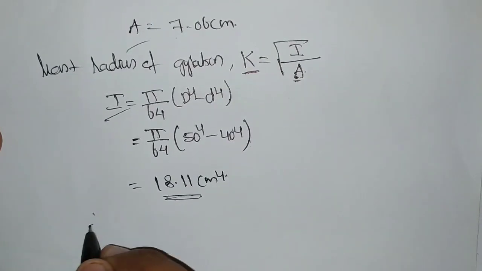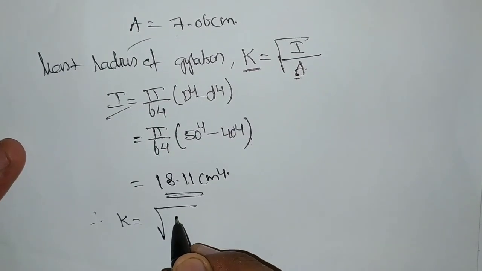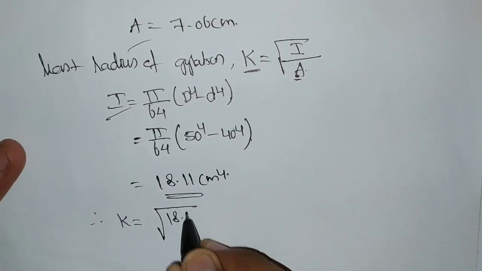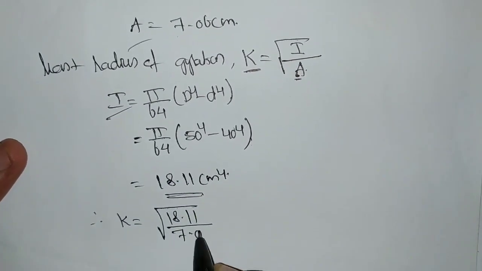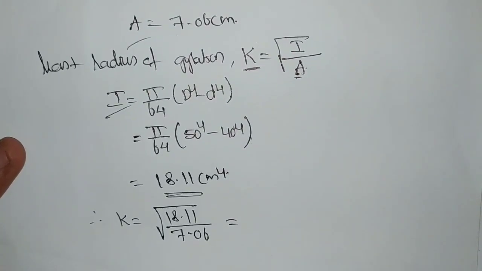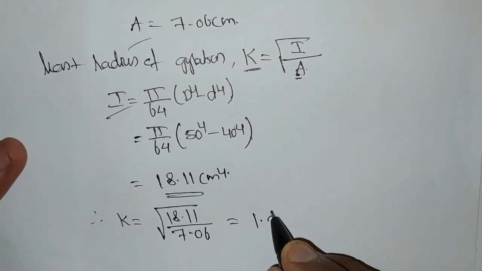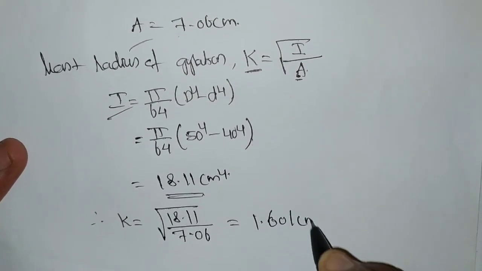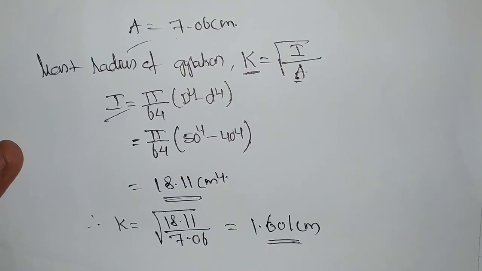Therefore the least radius of gyration K is equal to root of I by A. The I value is 18.11 divided by the A value 7.06. From this we will get the K value in centimeters as 1.601 centimeters. So the K value we have found out.